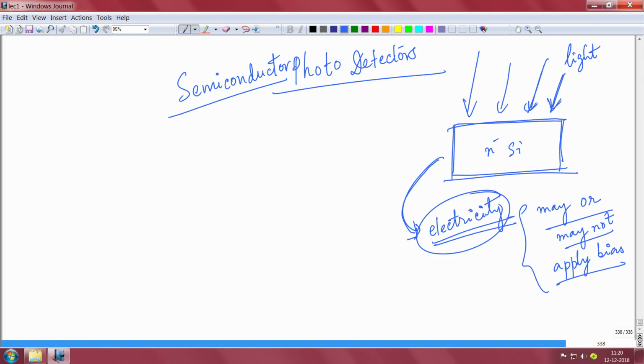So in short, photodetectors take light and convert it into electricity. When I say they take light and convert into electricity, please remember that the band gap of a semiconductor will decide which wavelengths it will absorb. So the wavelengths that it can absorb will be less than or equal to hc by Eg, right.